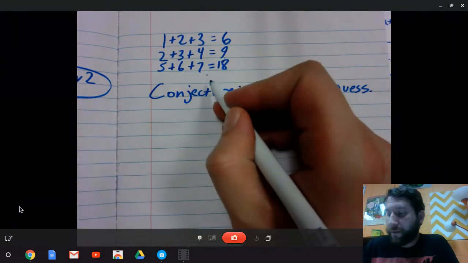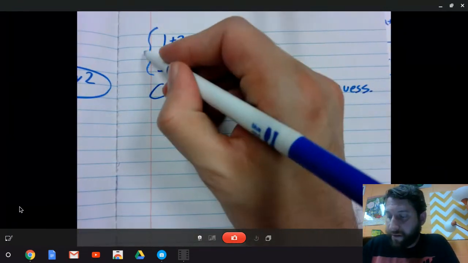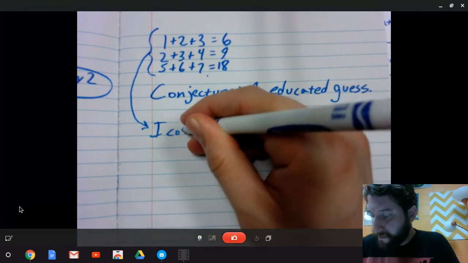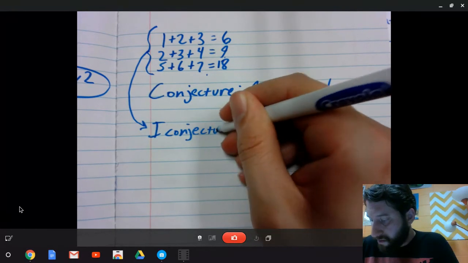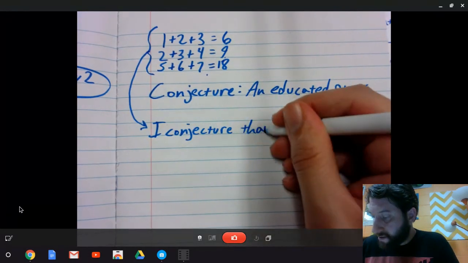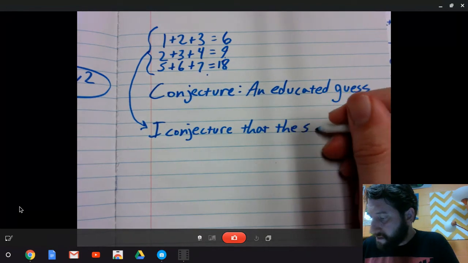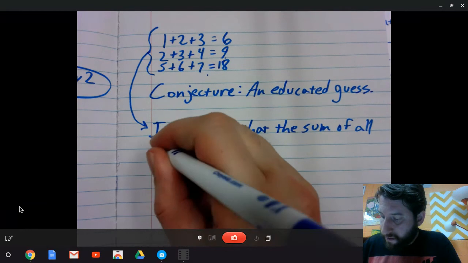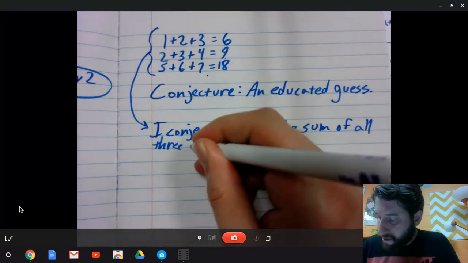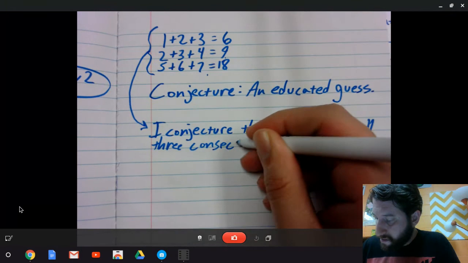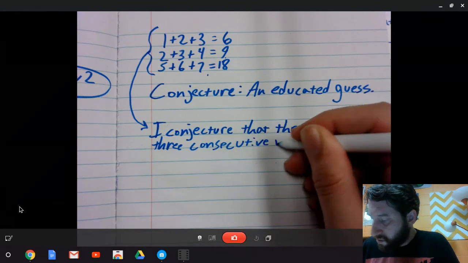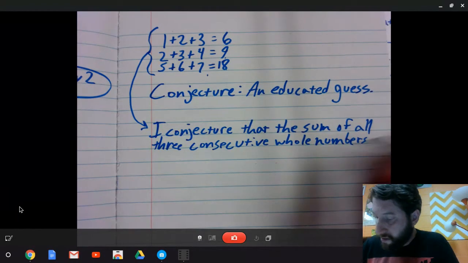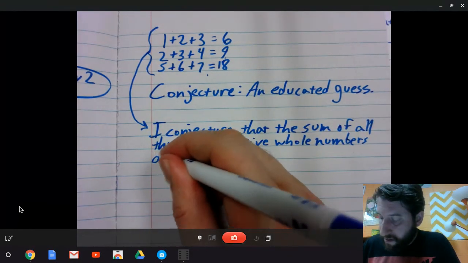So in this case, for this example here, so I'm looking at these numbers here. My conjecture, so I'd say I conjecture that the sum of all 3 consecutive whole numbers are divisible by 3.